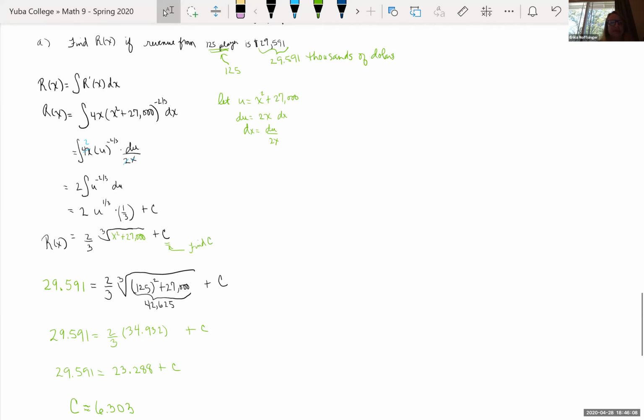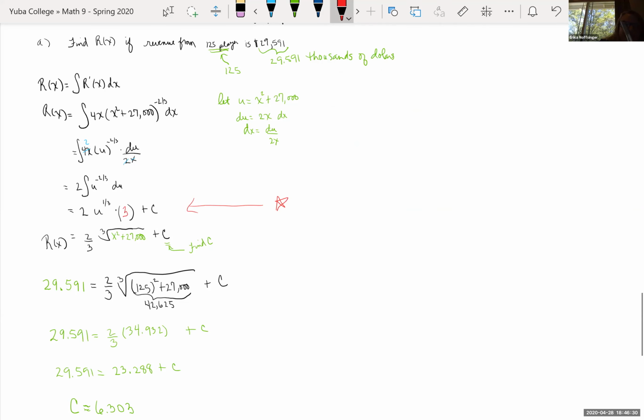Okay, so I did make an error in here. At this step, I was talking to you about multiplying by the reciprocal of our new denominator, but I didn't do it. I multiplied by our new denominator. So the reciprocal here would have been 3. Oops.